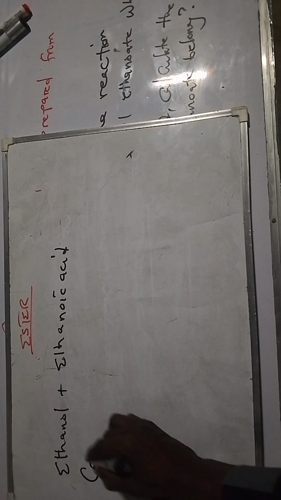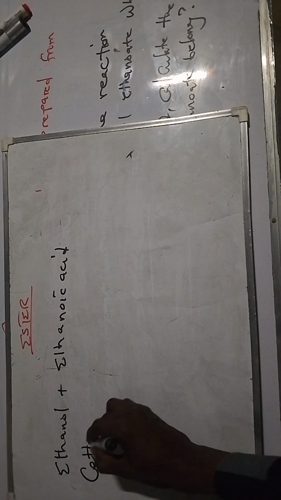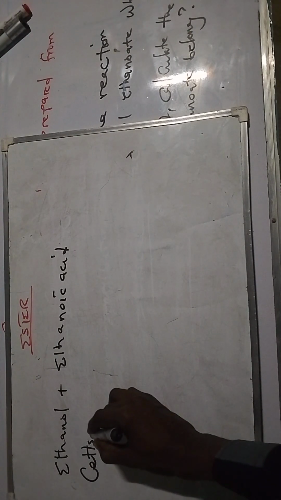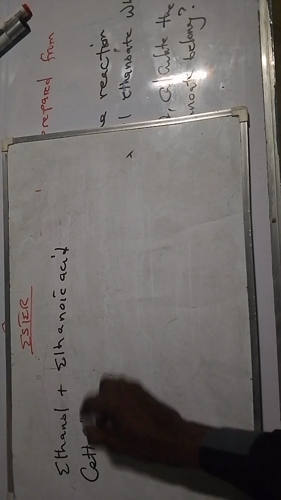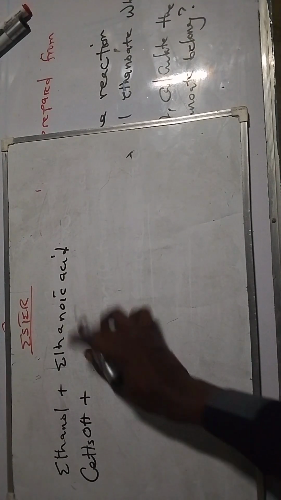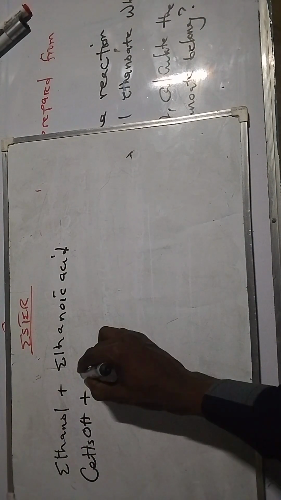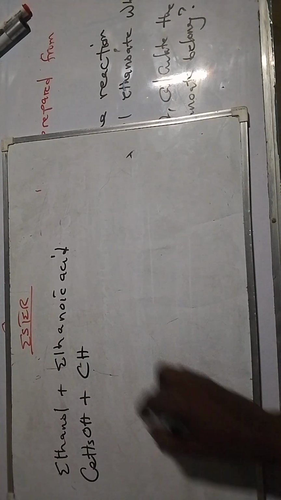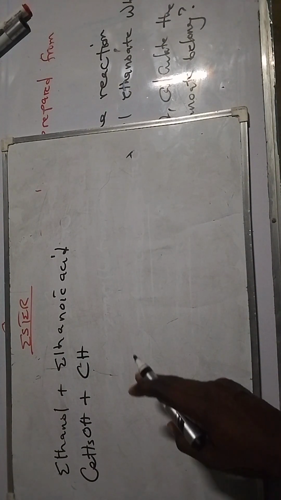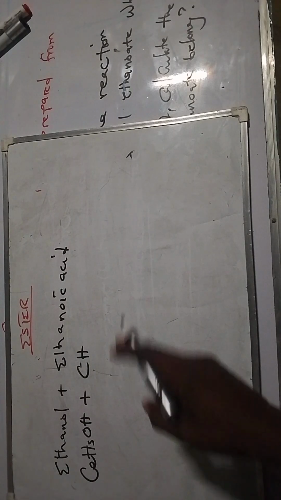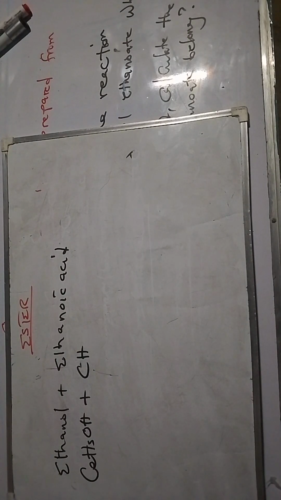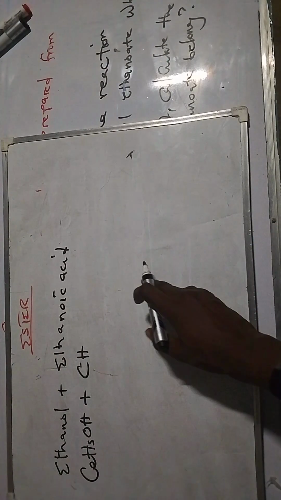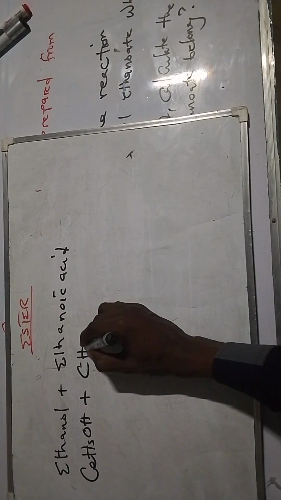So C2H5, then hydroxyl, this is an alcohol, plus ethanoic acid, CH3, then the number here will be 2 times 2, 4 plus 1, 5, and I'm going to write CO2H.